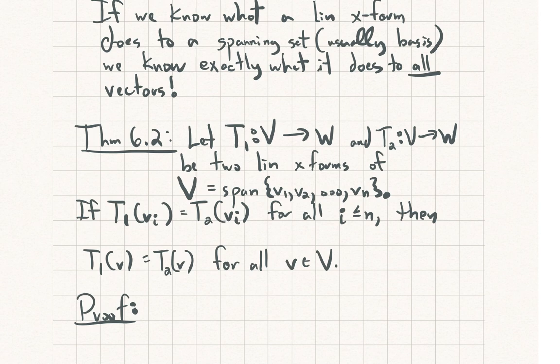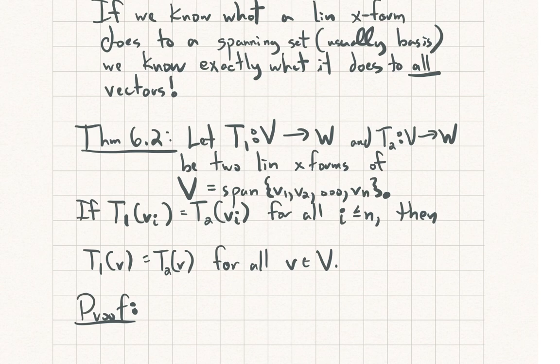So remember, if we have a spanning set, we can always write any vector as a linear combination of the vectors in a spanning set. And if the spanning set is a basis, it's a unique way of representing the vector.